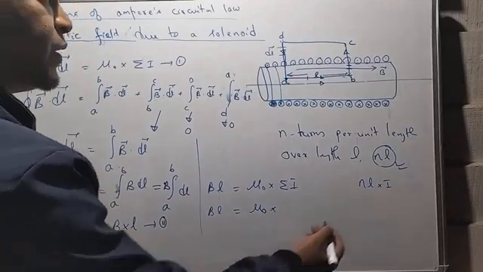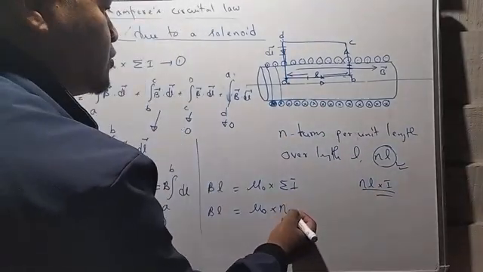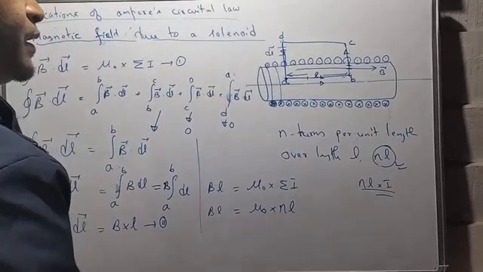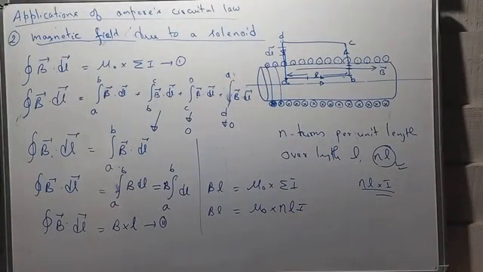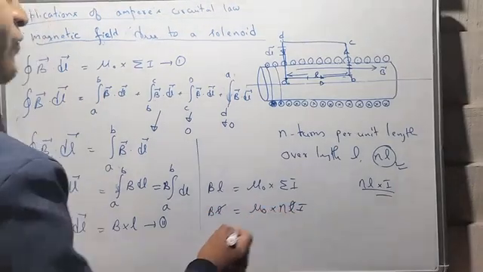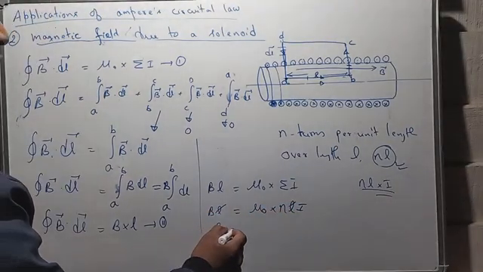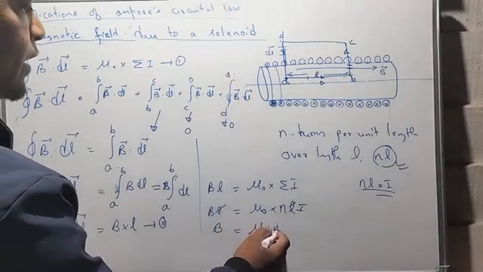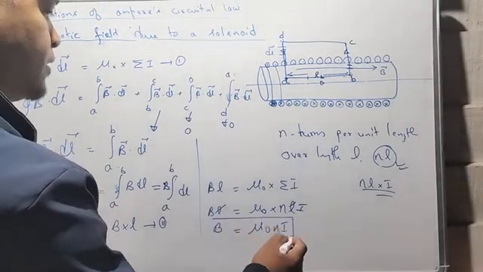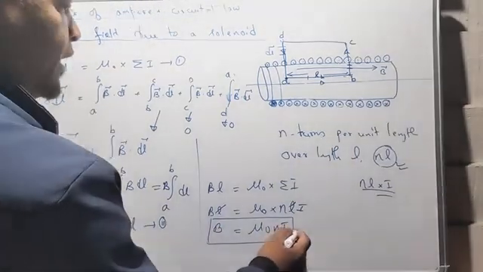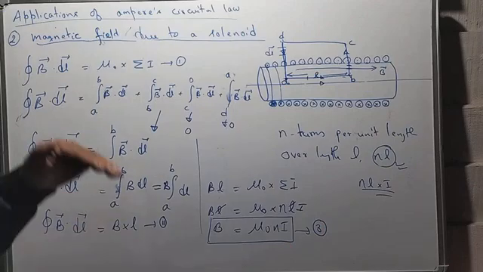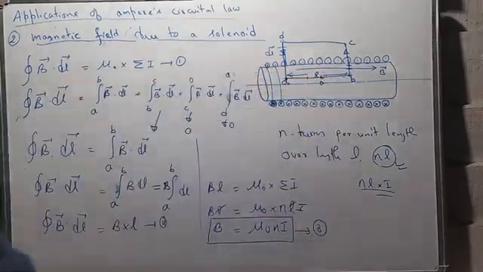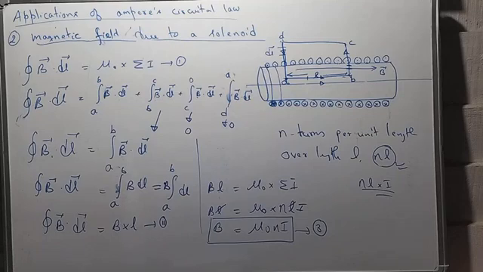We have seen it is equal to the total number of turns over the length L times the current in each turn, that is I. The L from the left and the L from the right can be cancelled, so B will be equal to mu naught n I. This is the expression of the magnetic field at the center of a solenoid carrying a current I. So please note down this equation.